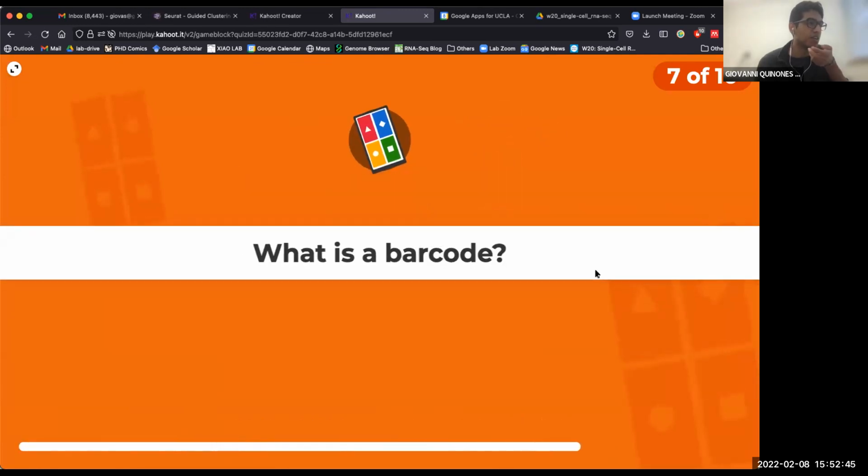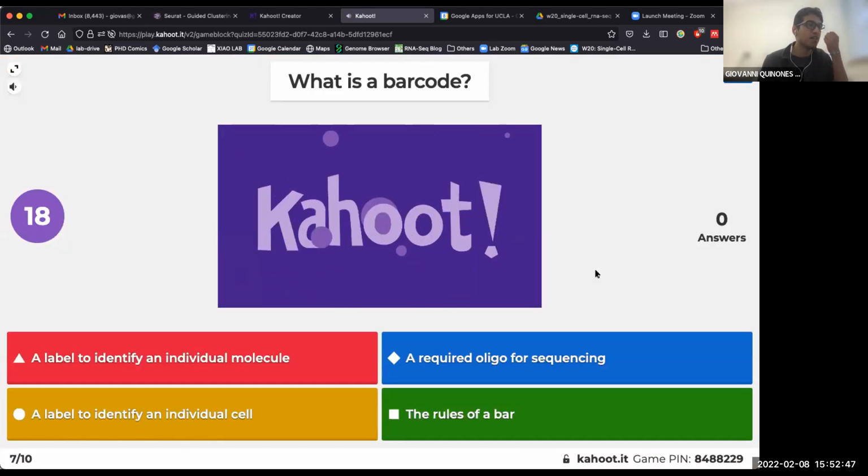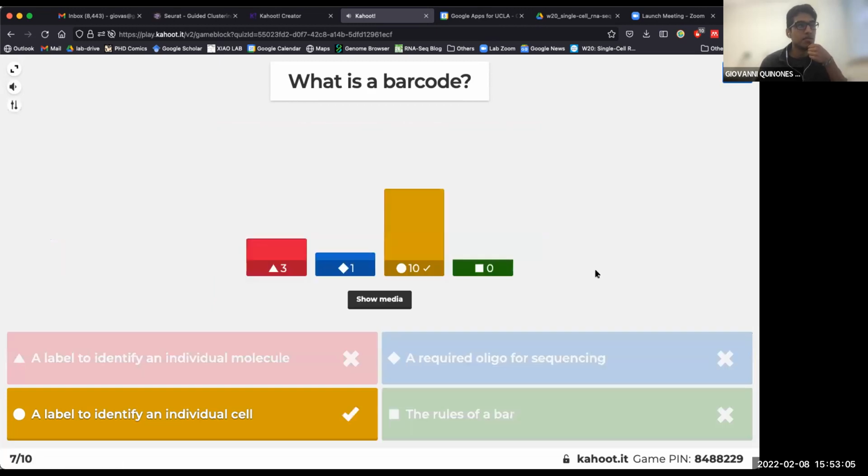Next question. What is a barcode? How is it different from a UMI? Great. A label to identify an individual cell.